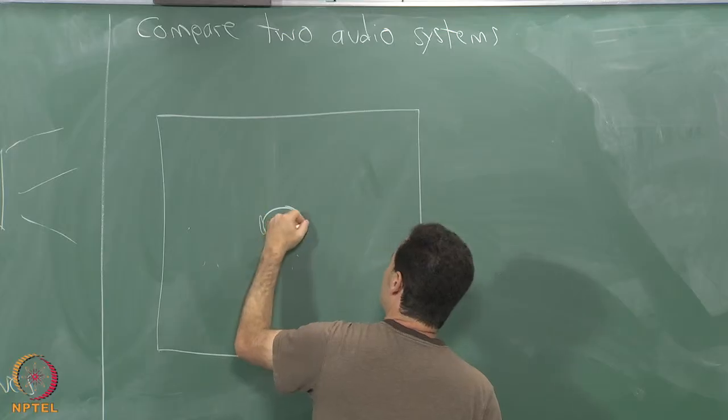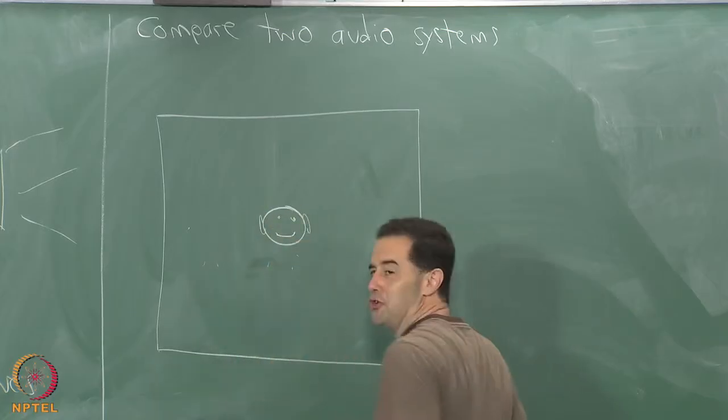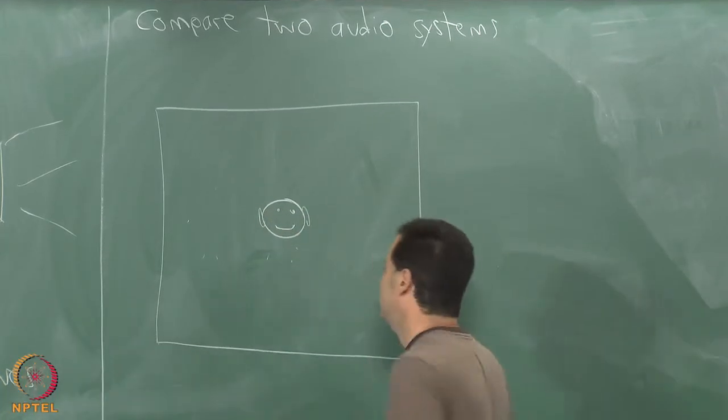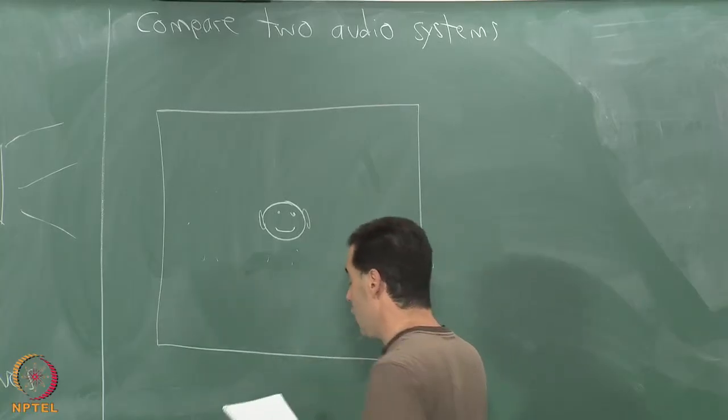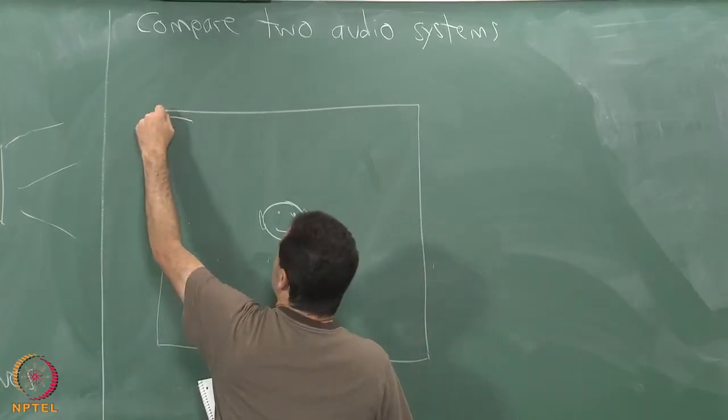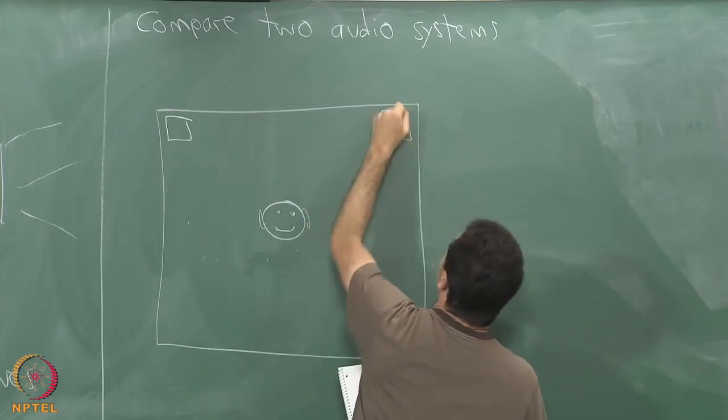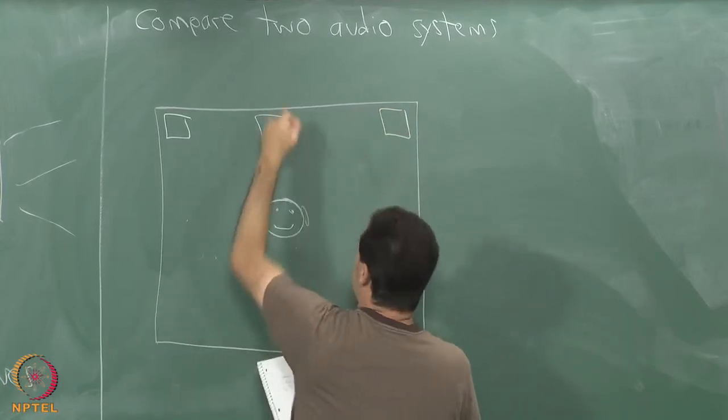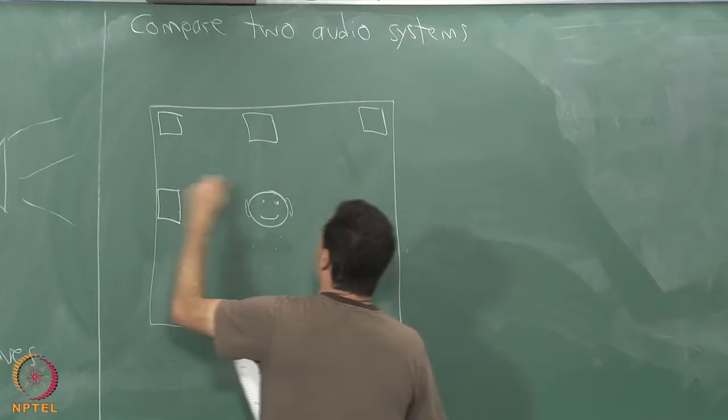So, you're sitting in a movie theater and you have your ears. You can turn your head however you like, but you generally don't leave your seat, let's say. And then all around there are speakers of some kind which are audio displays. Let me put a bunch around here.